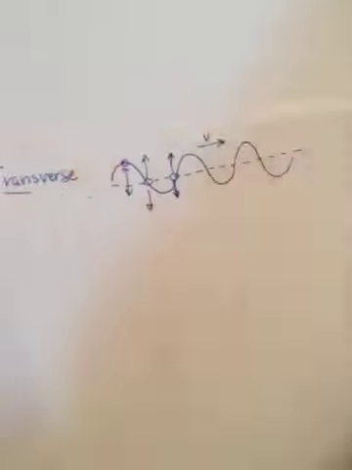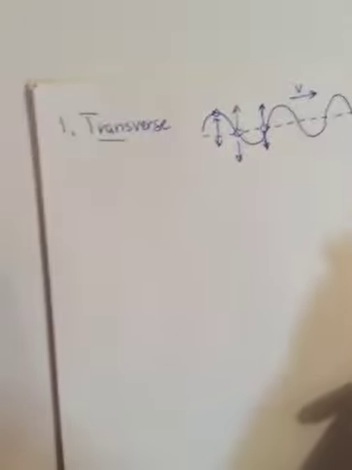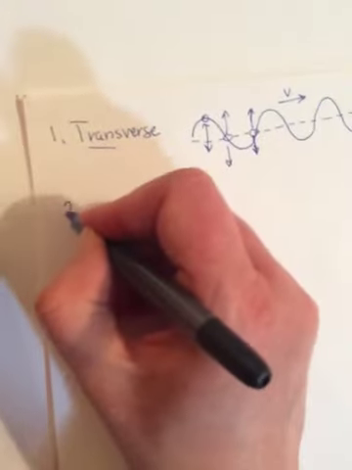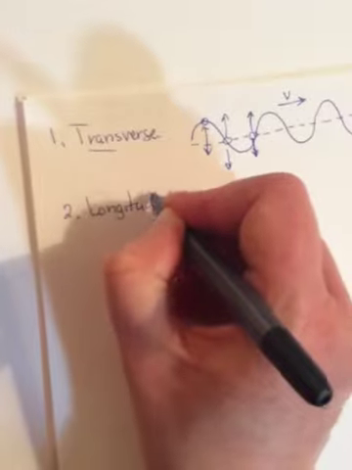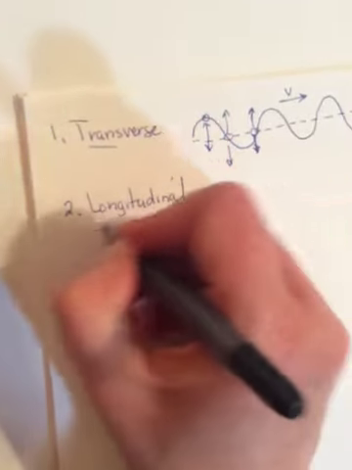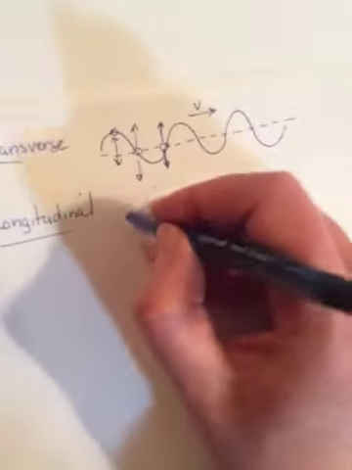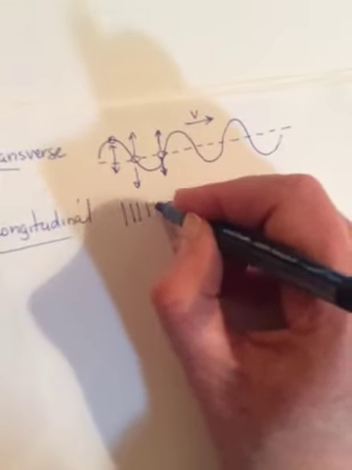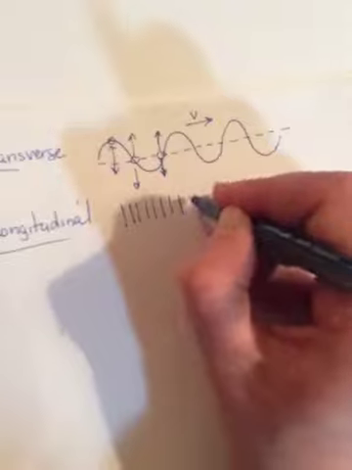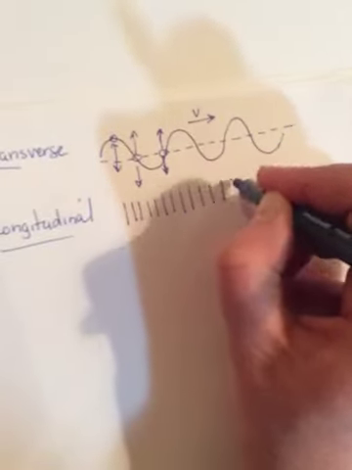A longitudinal wave is the second one in this category. Longitudinal. And these guys, we would draw the molecules like this. And so if there was no wave going through a material, we could say the molecules would all be equally spaced.